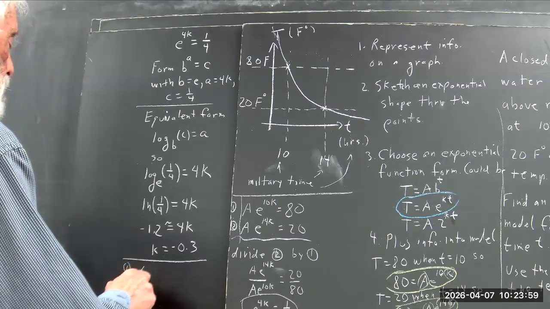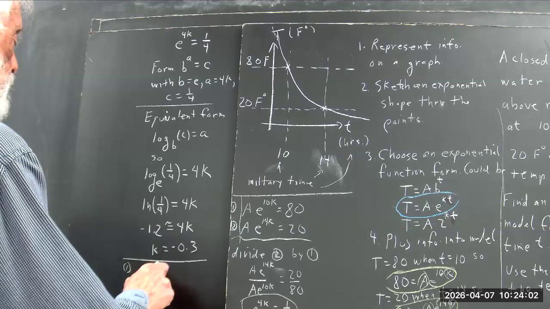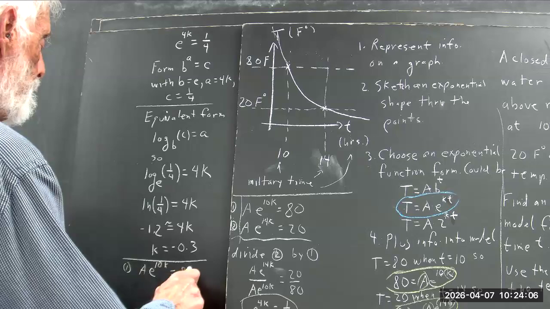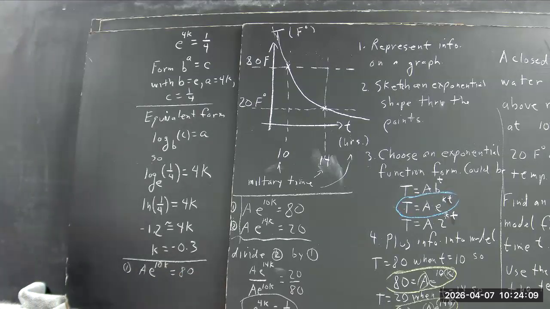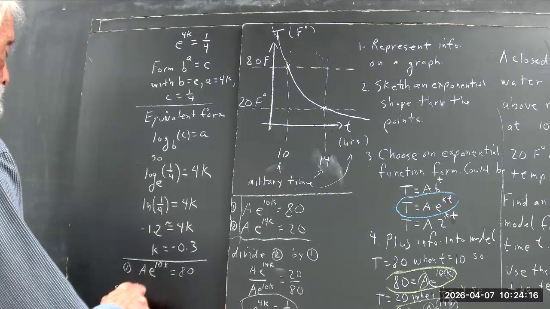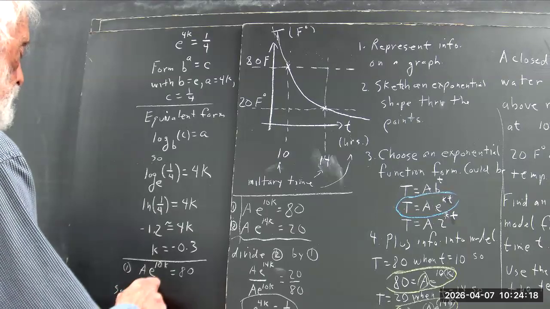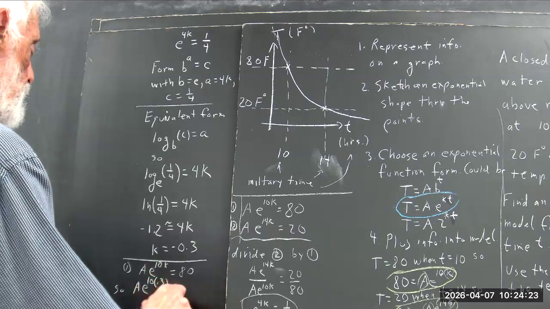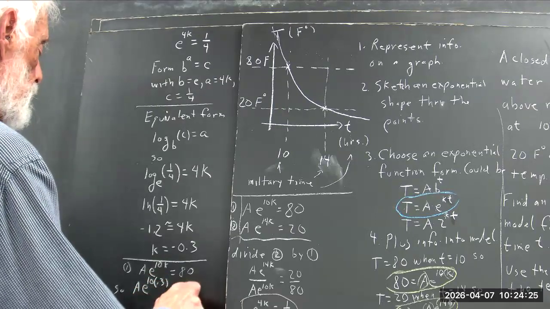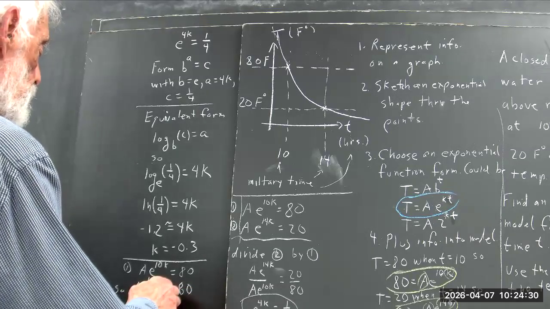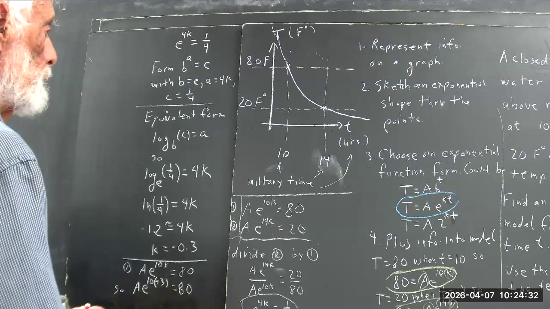First equation is a e to the 10k equals 80. Well, that gives us a e to the 10 times negative 0.3 equals 80.